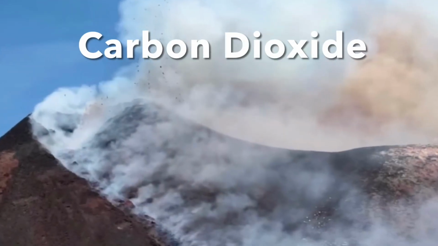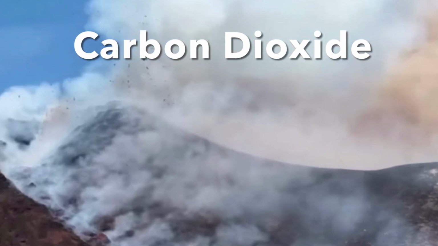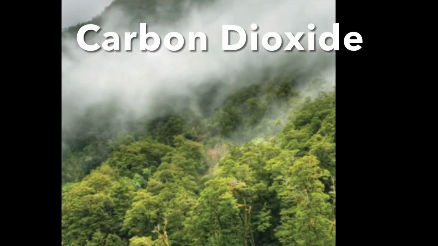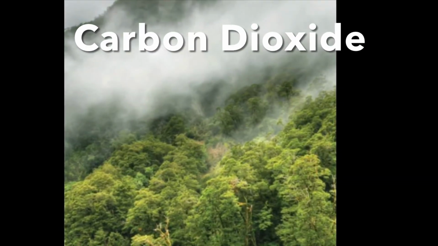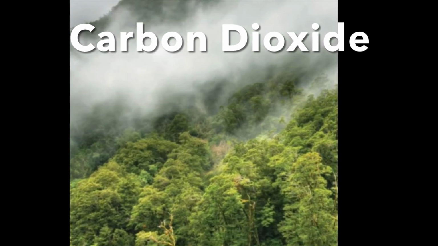The biggest producer of carbon dioxide in the earth is volcanoes. The world's forests also produce massive amounts of carbon dioxide as a byproduct of photosynthesis and respiration.